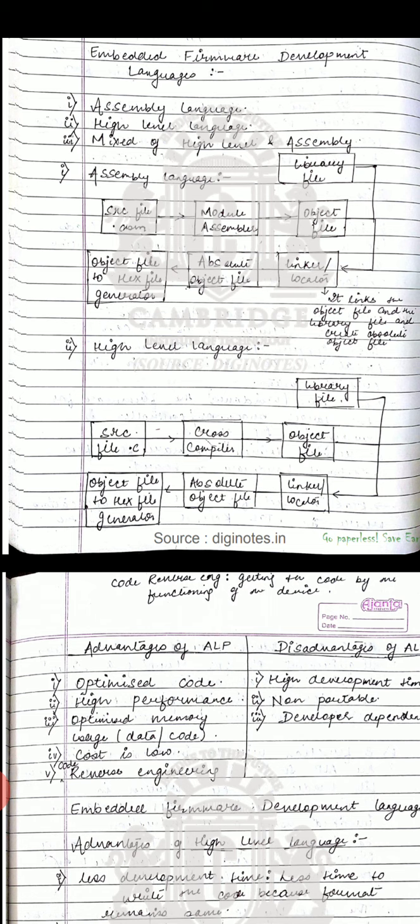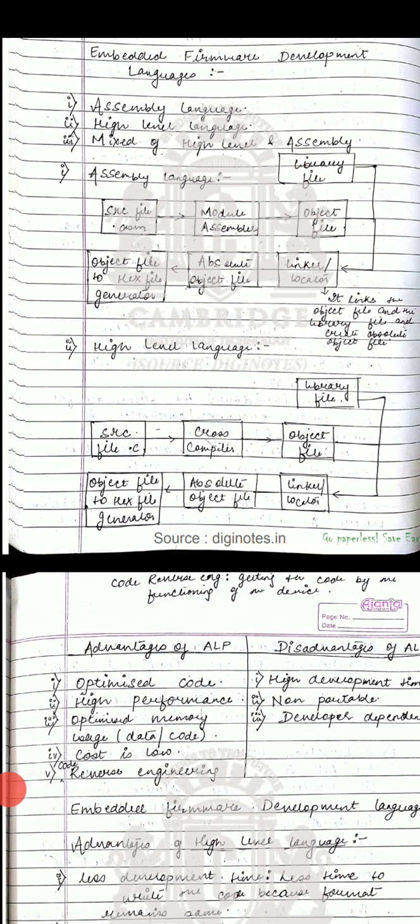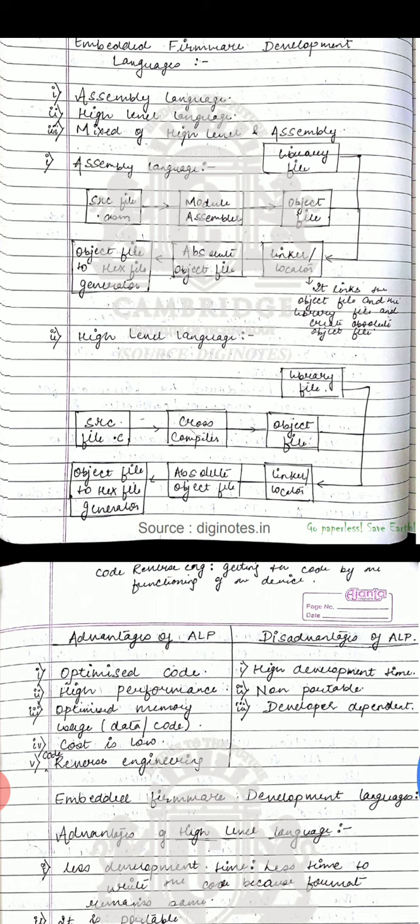The advantages of assembly language are, first, it has optimized code. If we have optimized code, it requires smaller memory and the program will be smaller, and the code efficiency and quality will be good. The next advantage is high performance. So we can achieve high performance with assembly level language.